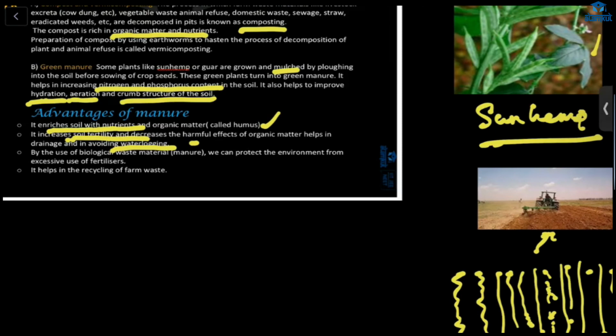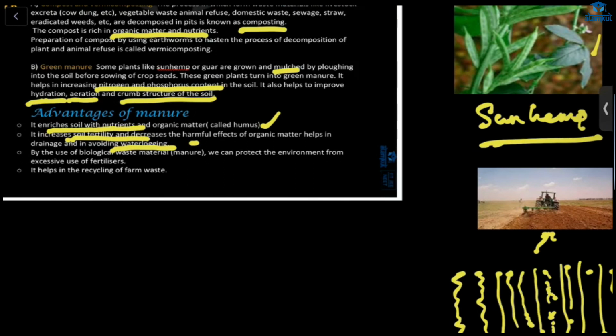Then by use of biological waste, we can protect the environment, right? We are using biological waste. If we are using chemicals, what will happen? When it rains, the soil will be spoiled. Also, when it is raining, the water will run off and go to the rivers and all that.